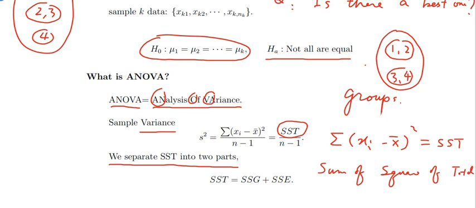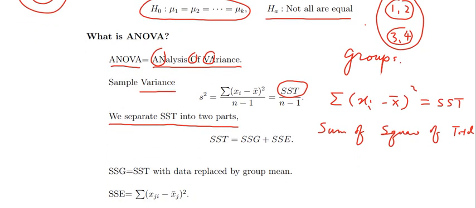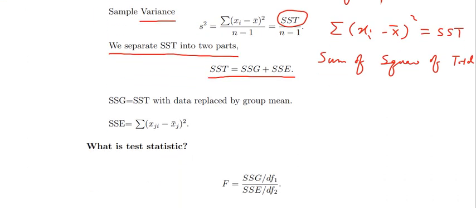So analysis of variance means we can split SST into 2 parts. SST equals SSG plus SSE. So what is SSG? What is SSE? So the story is like that. We have, like, 4 classes. So we put data like that. Like okay, so we say group 1, we have data, right?